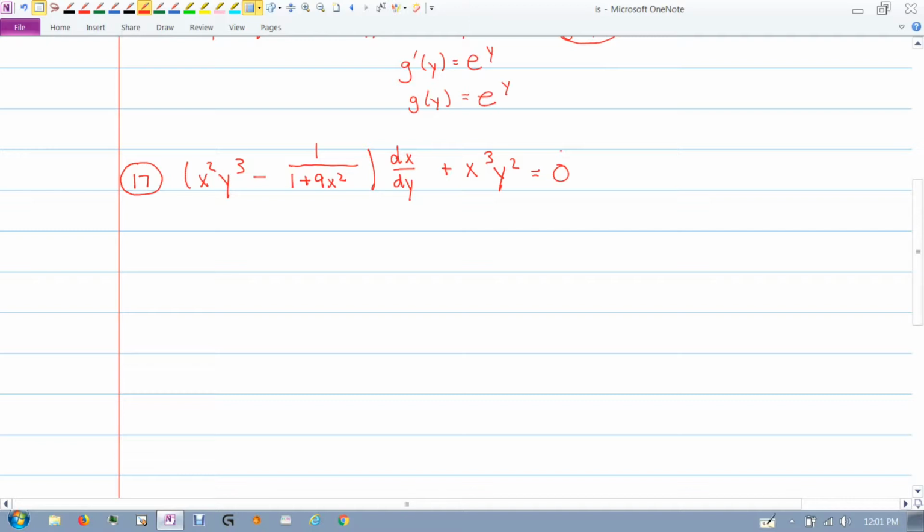All right, so we multiply everything by dy first, so that means this will be dx, and then over here next to this will be dy equals 0.